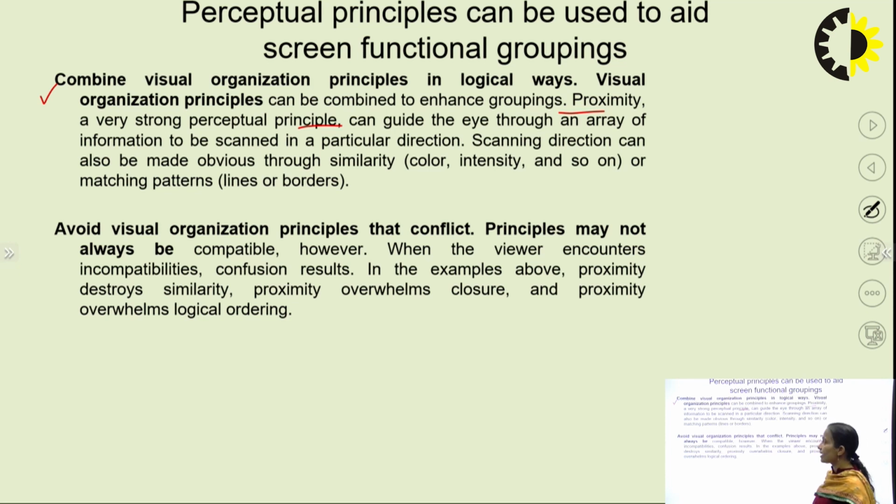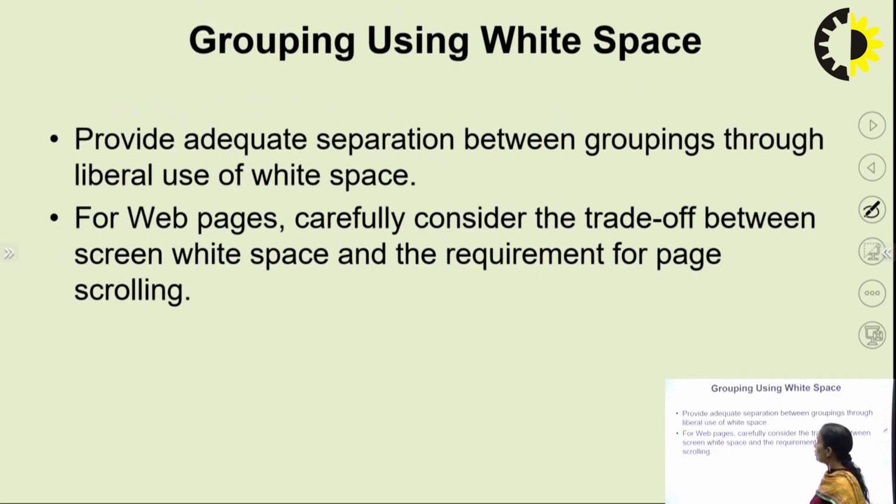So this scanning direction can also be made obvious, and we should avoid visual organization principles that cause conflict. Principles may not be compatible, and when the viewer encounters the incompatibilities, confusion results. In these examples, proximity destroys the similarity, proximity overwhelms the closure, and it overwhelms the logical ordering.